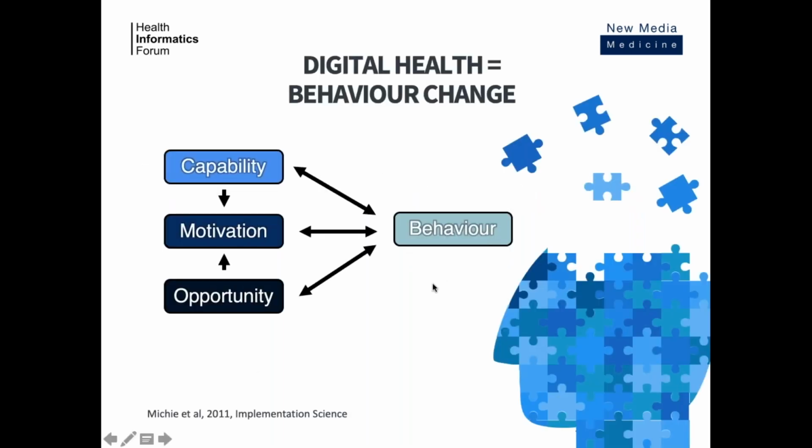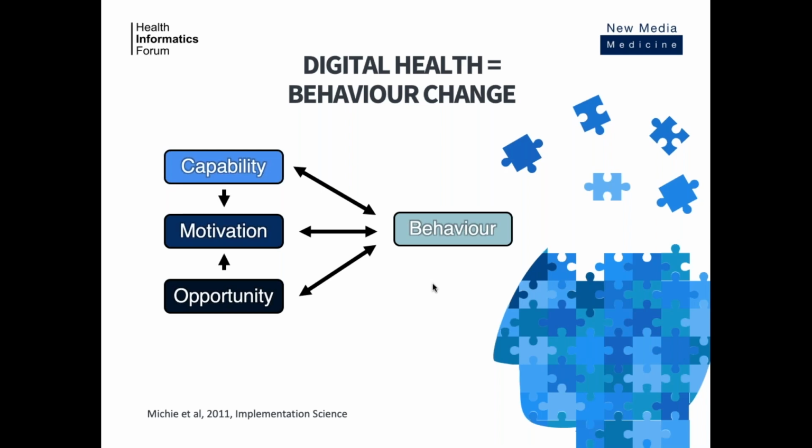A very broad overview of digital health or health informatics interventions can be described using frameworks from behaviour change theory. Behaviour change theory is quite often used in public health and healthcare for determining how you can get patients or clinicians to change their behaviours.